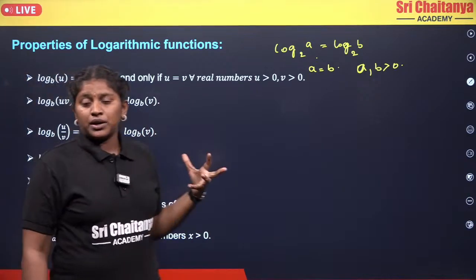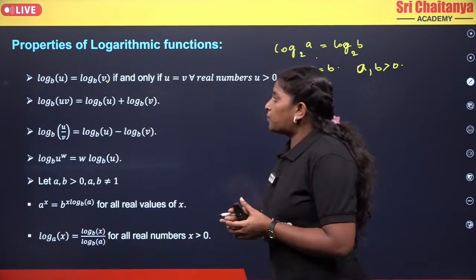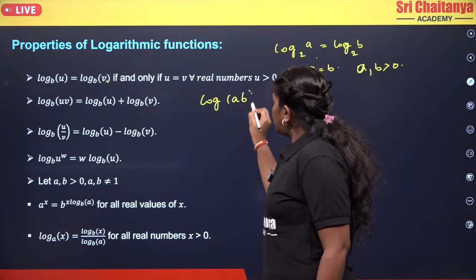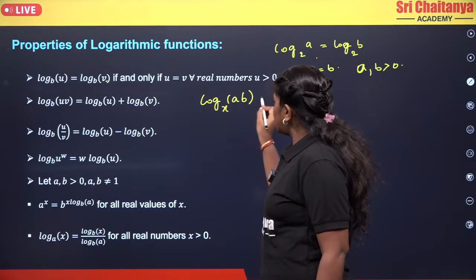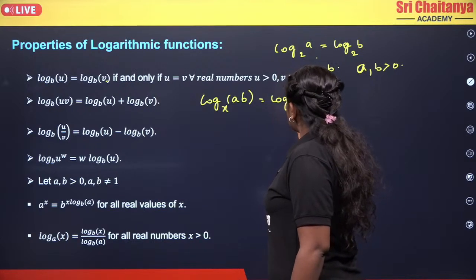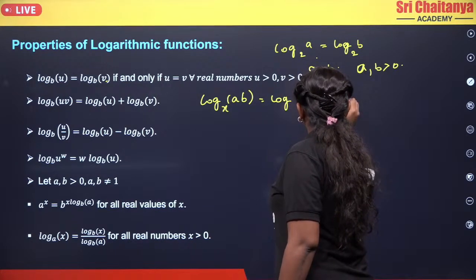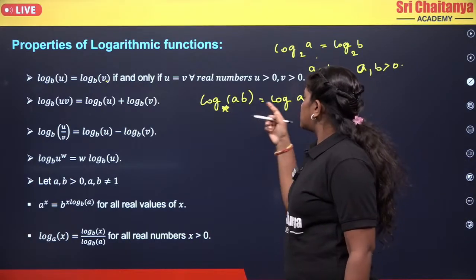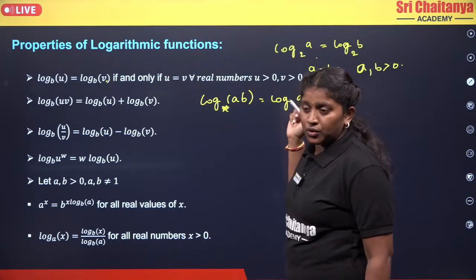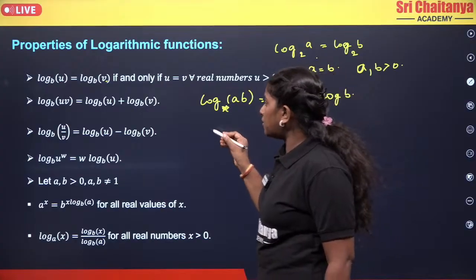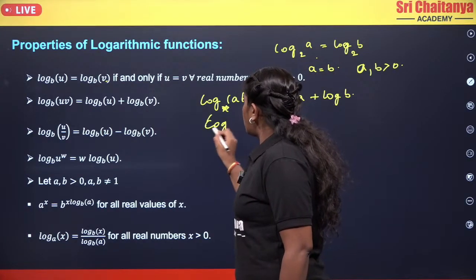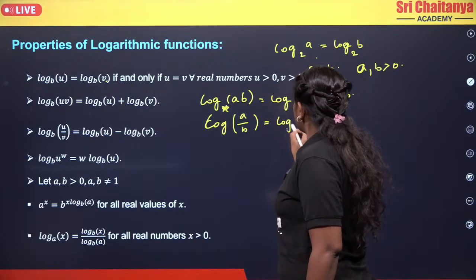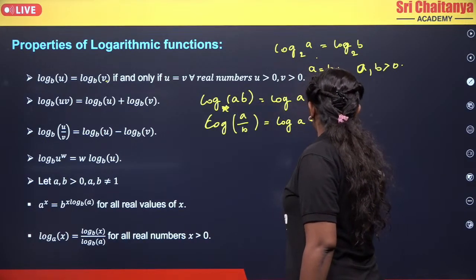Now coming to the next one, which is the product. How can we expand it? Log of ab to the base x, if you consider, we can write it as log a plus log b. So simply remember that log of ab equals log a plus log b. Now moving to the next, the division. Log of a by b equals log a minus log b.